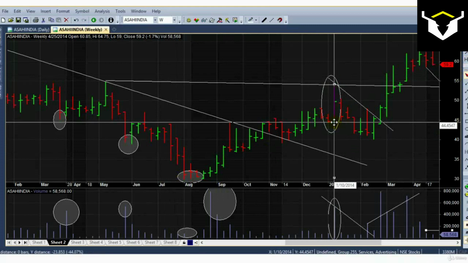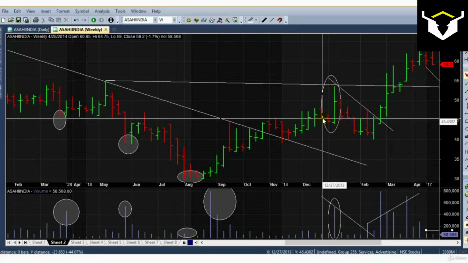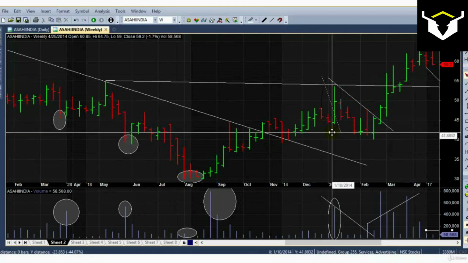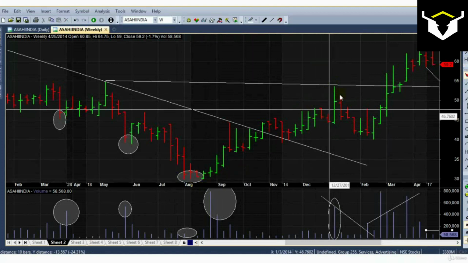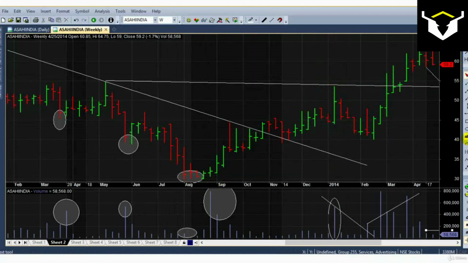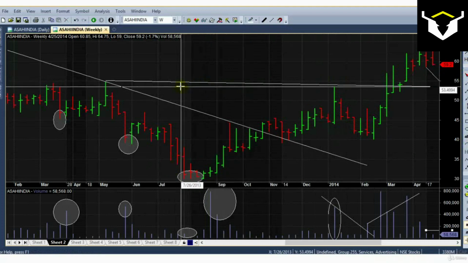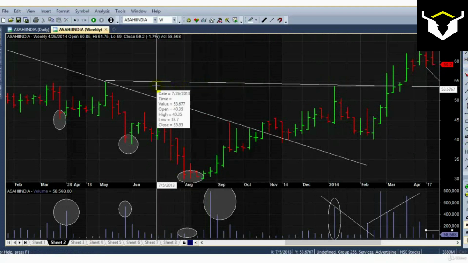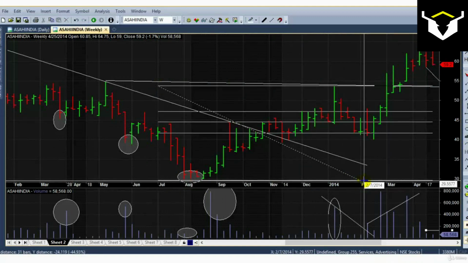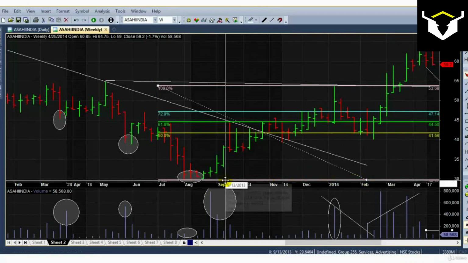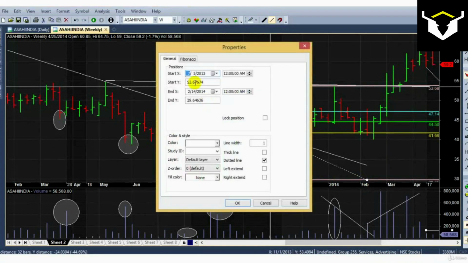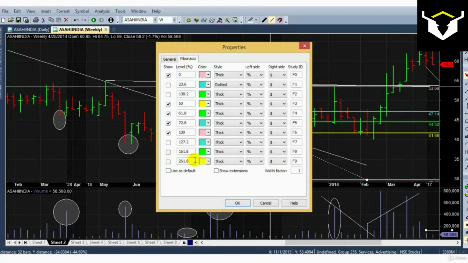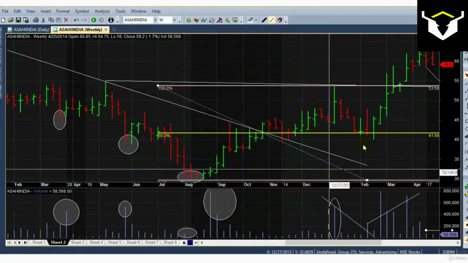Just go ahead and clear some lines drawn. Alright, from this top to this bottom, from the neckline to the head, draw an extension here and I'll simply select 200% and deselect everything else.